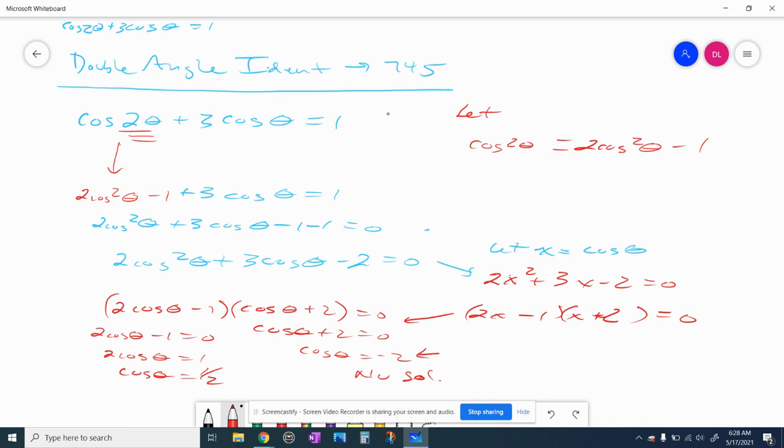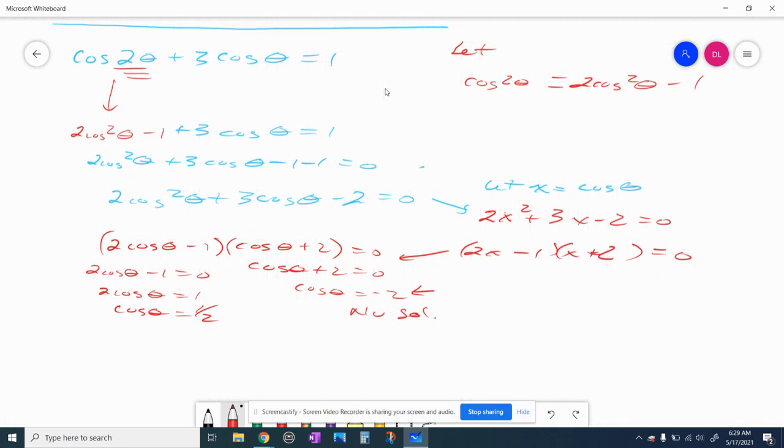And depending on the domain they want, and I didn't give a domain, let's move this up just a little bit more, guys. Cosine of theta equals 1/2, if I do the inverse, is going to be theta equal to 60 degrees, or pi over 3.